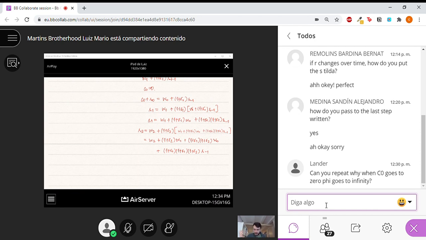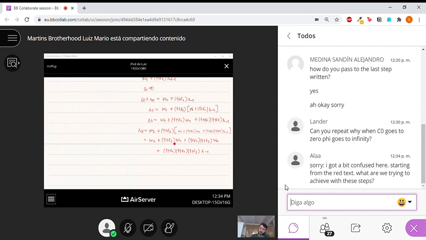So the pattern is like this. S in T is W in T, and then you go from the end to the beginning in time. So 2, 1, 0, and then the interest rates are compounding in this way. In the first one, we only have R2.